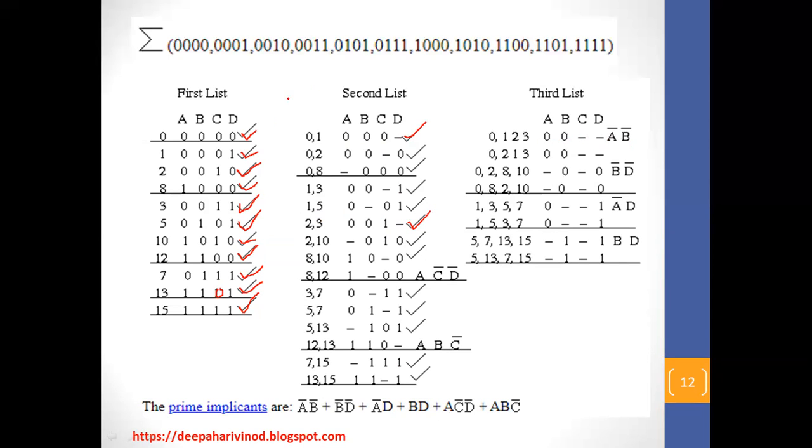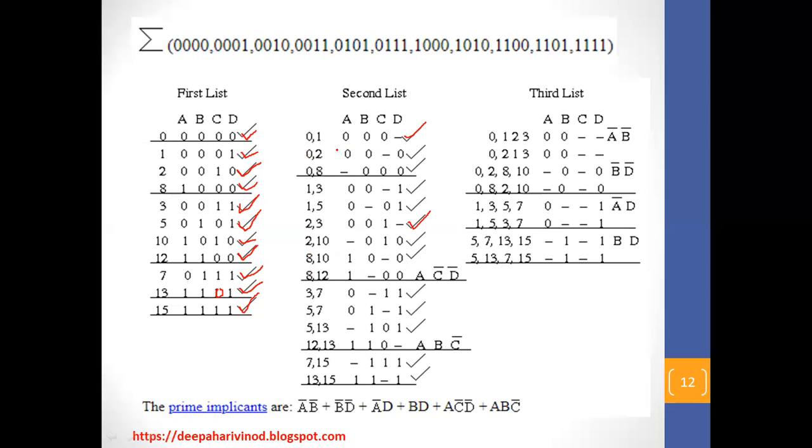dash dash. Next is 0 1 with 2 10. No, 0 1 with 2 10 cannot be compared. 0 1 with 8 10 also cannot be compared. 8 12 also it cannot be compared.